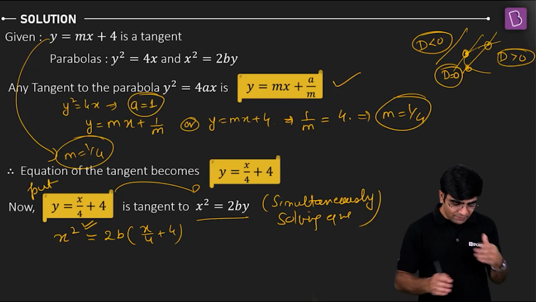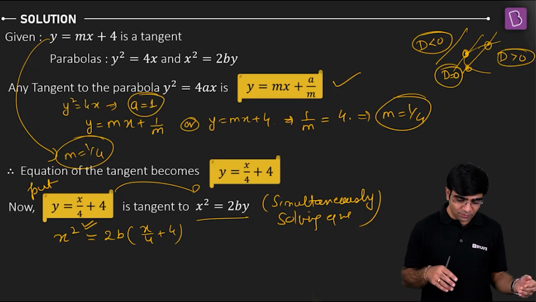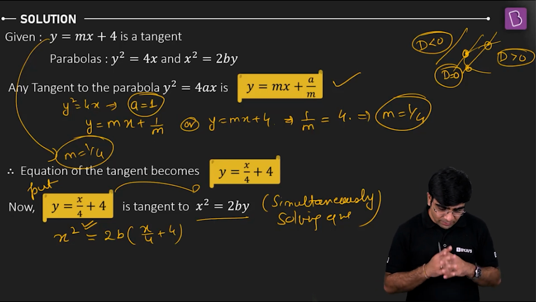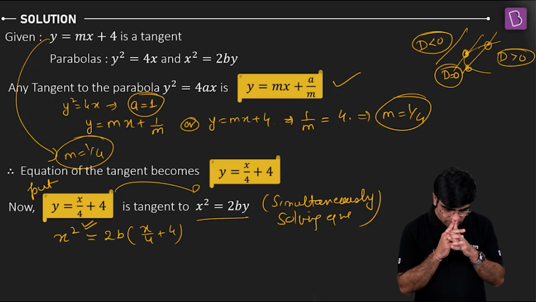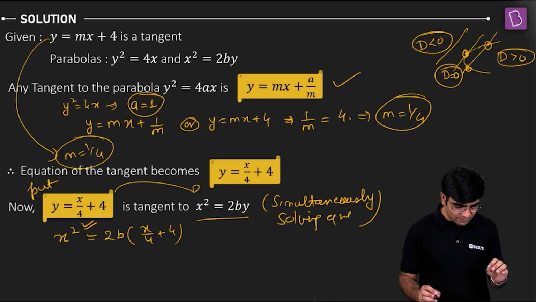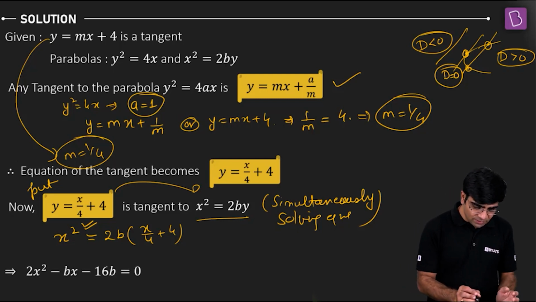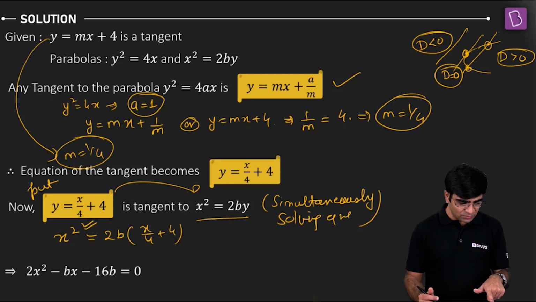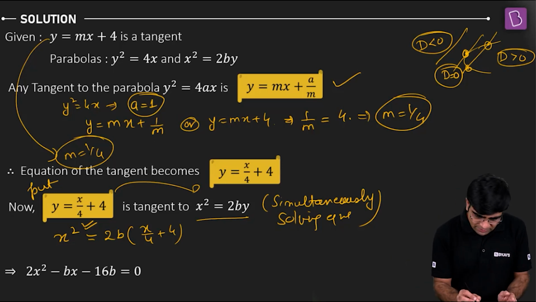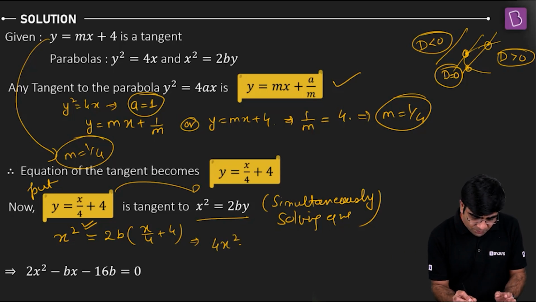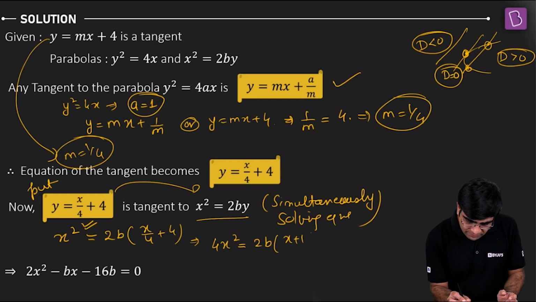Now, if I take up the LCM and simplify everything, I'll multiply by 4 on the left hand side. So we get 4x square is equal to 2b into x plus 16, and this 4 will get cancelled, this 2 will also cancel.